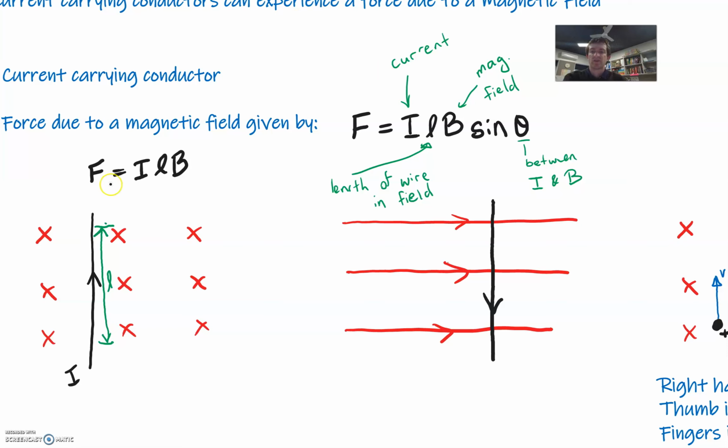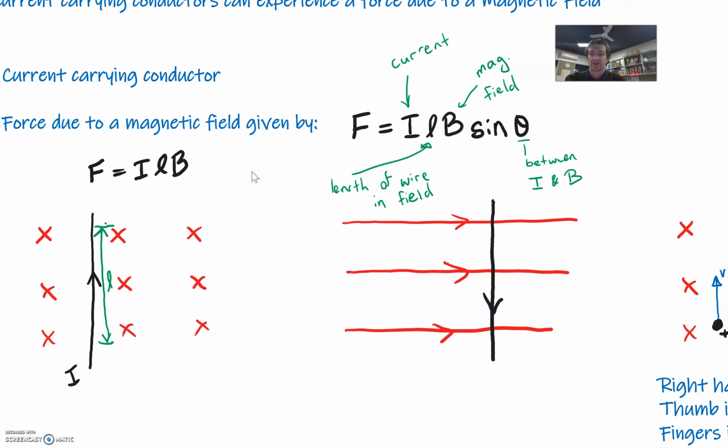So the maximum amount of force is experienced if we are at an angle of 90 degrees between the current and the magnetic field strength. And we can just use ILB to work that out. If it is at an angle, we have to multiply by the sine of the angle and work out what the angle is as well. So that's the equation we use to work out the magnitude of the force.